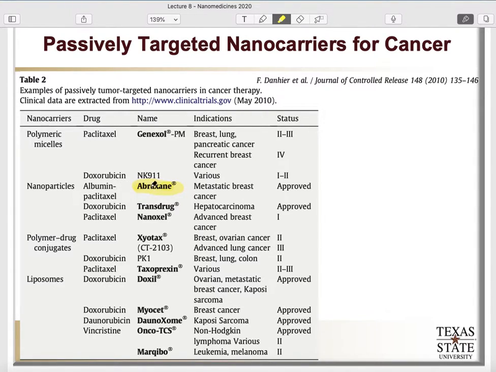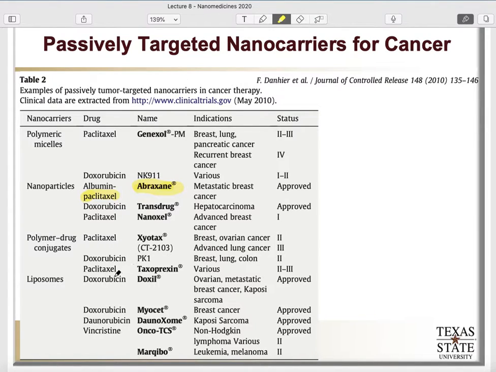So it's basically utilizing a natural protein that your body is used to, but this protein is actually cross-linked into the form of a nanoparticle, and that nanoparticle is loaded with paclitaxel, which is a chemotherapeutic agent that acts by preventing the cells from moving and from replicating. It basically polymerizes their actin filaments, preventing the cells from replicating. This particle is approved for metastatic breast cancer.